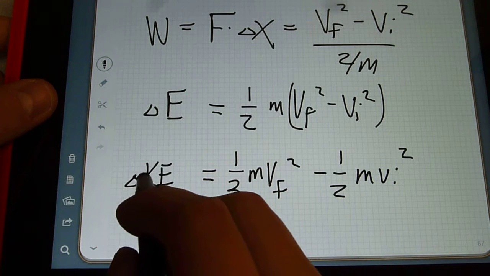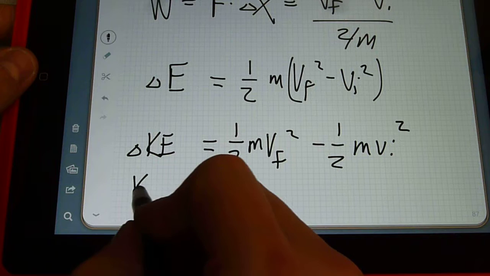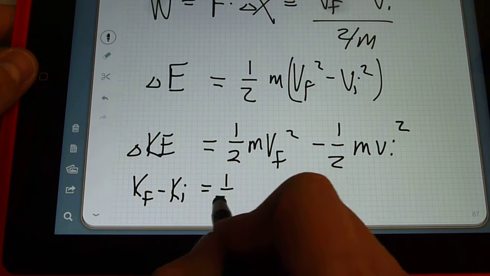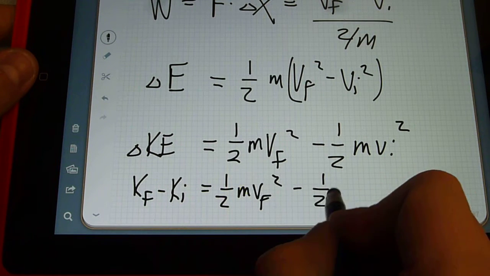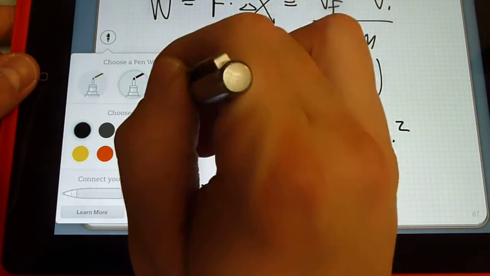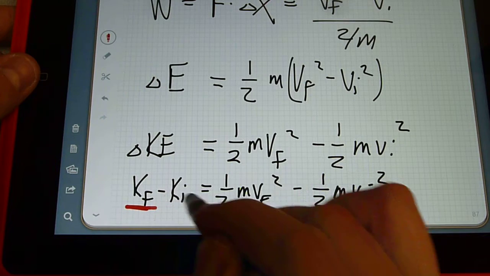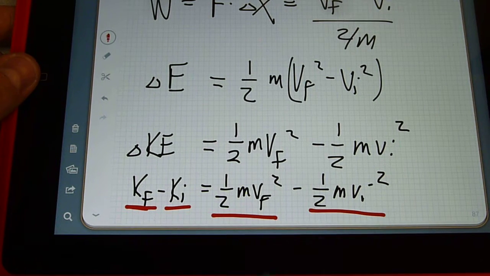And anytime I have a change in something, I can write that as K final minus K initial, which has got to equal, and I'll just copy down the top, 1/2 mVf squared minus 1/2 mVi squared. So that actually tells me that K final is equal to 1/2 mVf squared, and K initial is equal to 1/2 mVi squared.